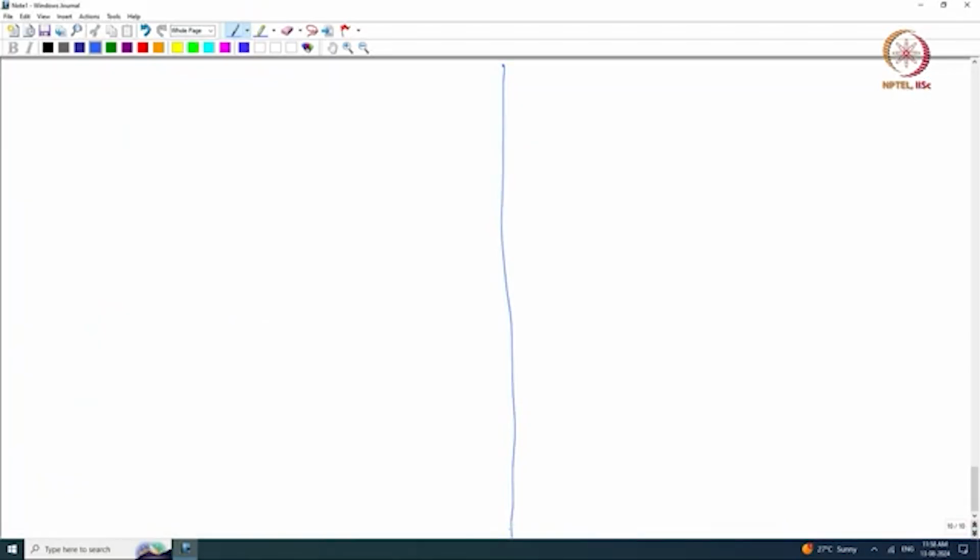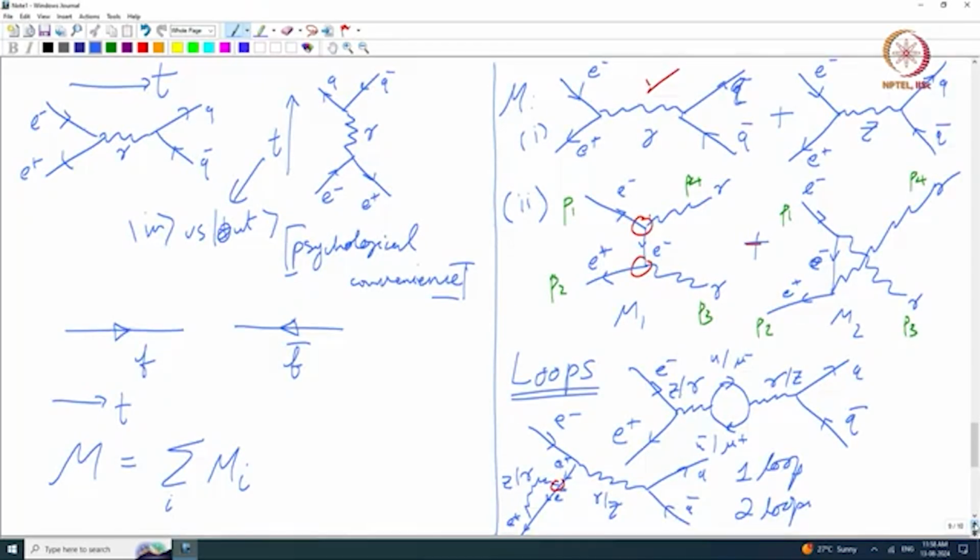Well, we have to remember that at every vertex, it is not just a vertex, those vertices in the amplitude calculation come with coupling constants, usually denoted by some G. They come with some coupling constant that is usually a number that is smaller than 1.